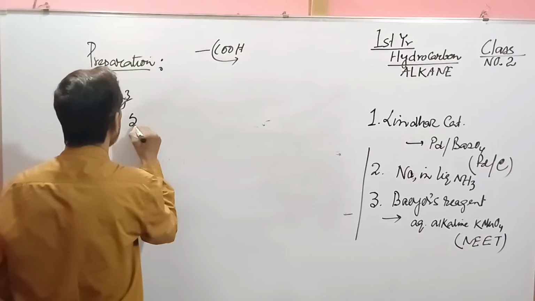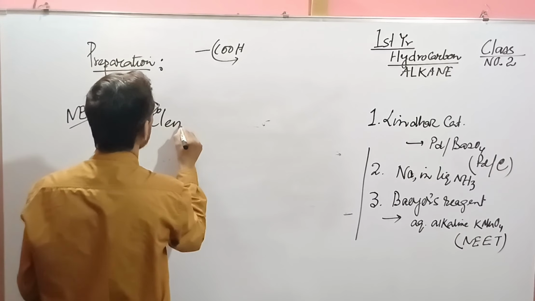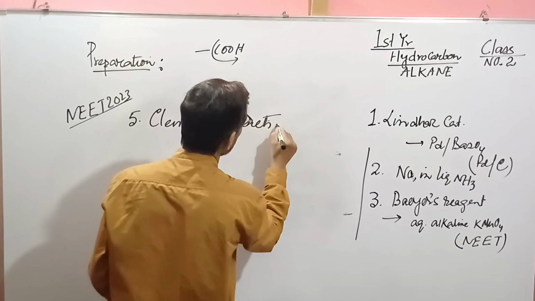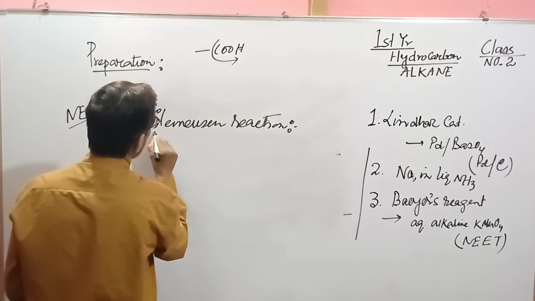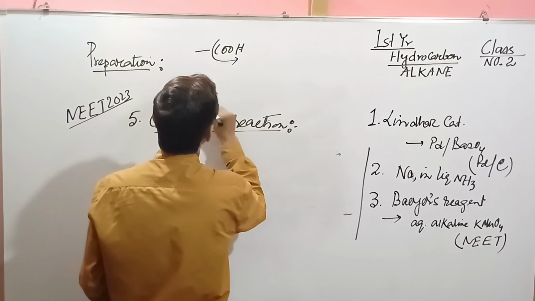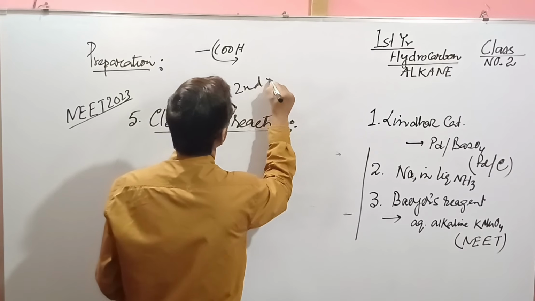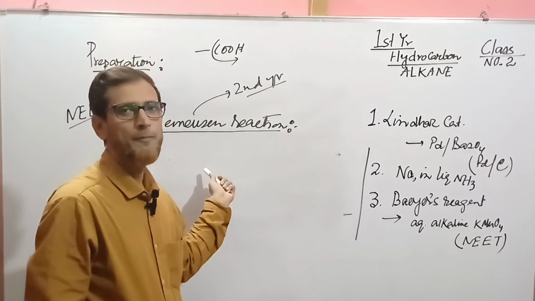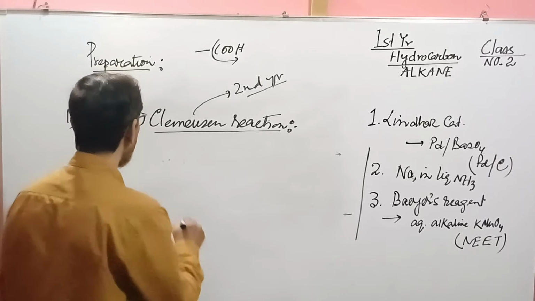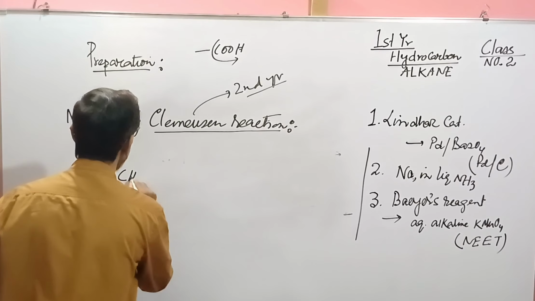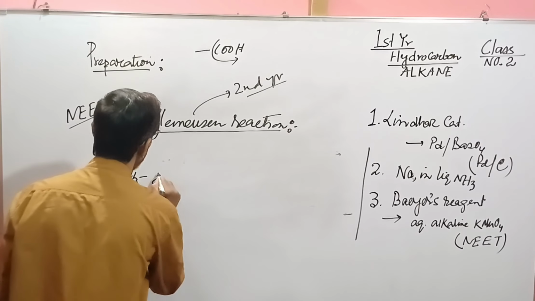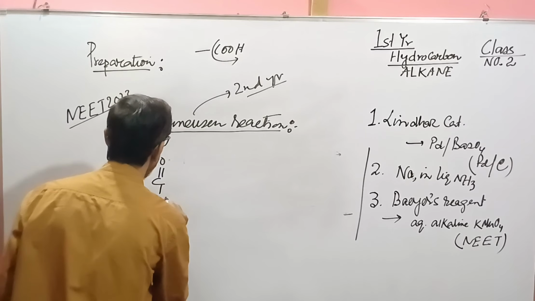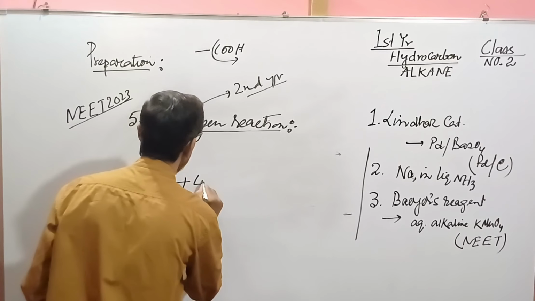The next one is the Clemmensen reaction, and this is a very important reaction, and you get a lot of questions from the second year aldehyde and ketone chapter. So if you learn it beforehand, you will find it very easy. You see, follow minutely: CH3-C double bond O-H plus.